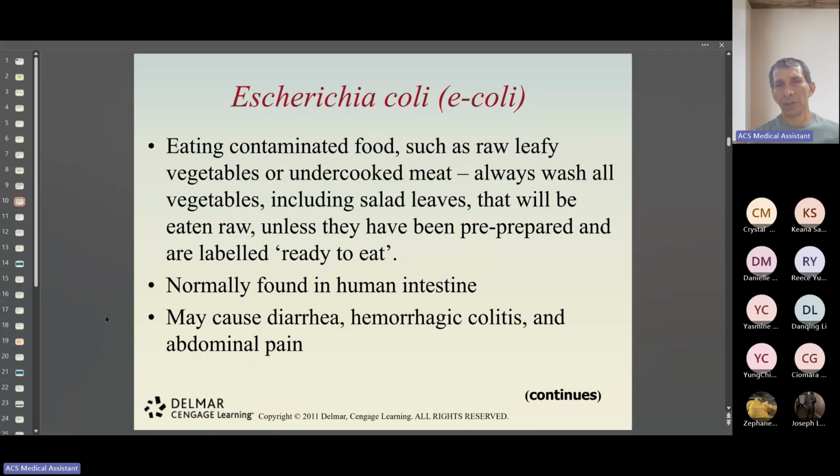This, you have to pay attention to it. E. coli. E stands for Escherichia coli. This is another bacterial microorganism that is going to cause you abdominal pain, diarrhea, and sometimes you can have bloody diarrhea.